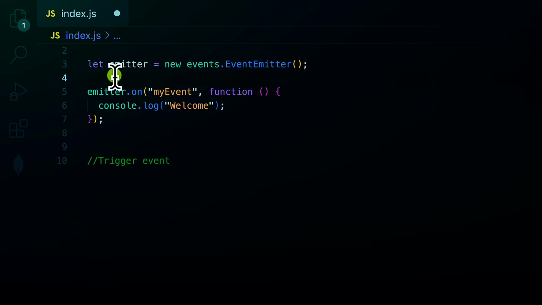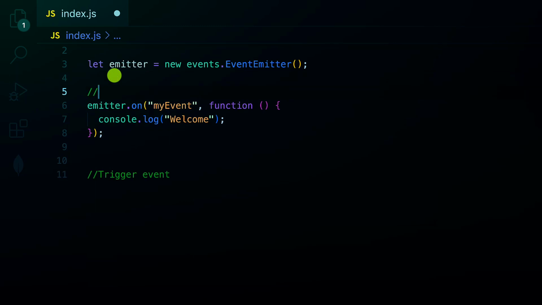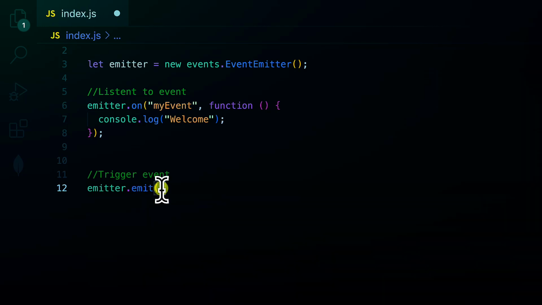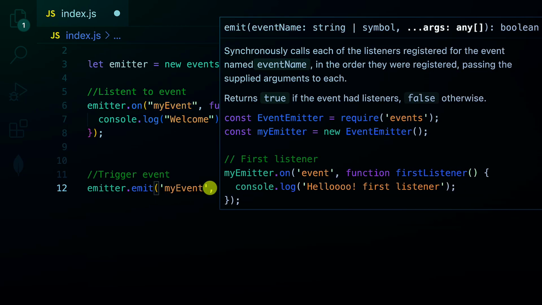And the first one is listen to event. So to be able to trigger the event, we are going to use the emitter.emit, and we pass in the event that we want to listen, which is my event. Make sure that you type the exact name. And we pass in the second argument, and this is going to be the data.